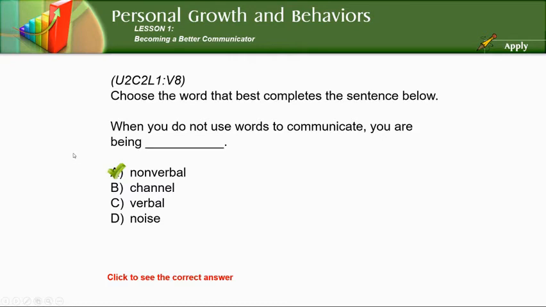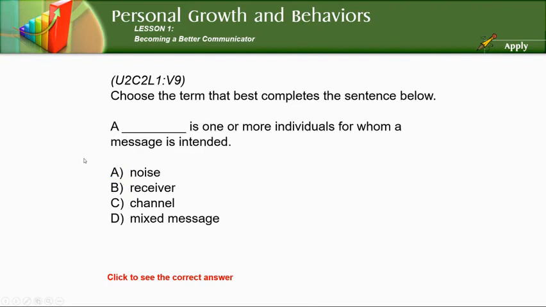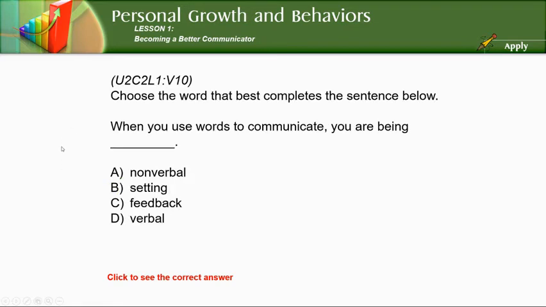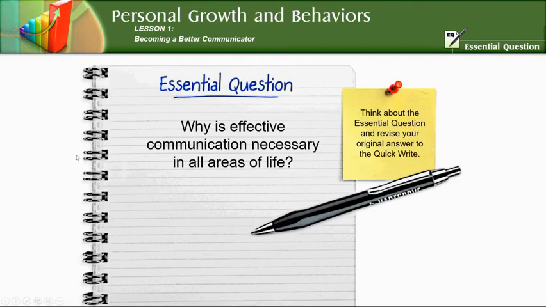You gesticulate with your hands, you nod with your head, things like that. A blank is one or more individuals for whom a message is intended. That's right, receiver. When you use words to communicate, you are being the opposite of nonverbal. You're being verbal.